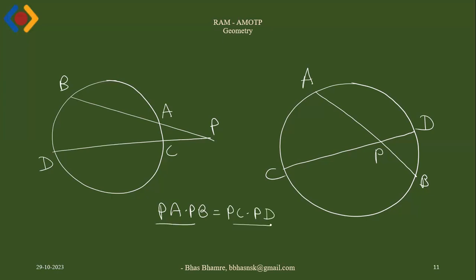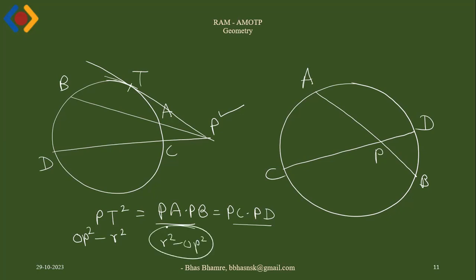Actually, each of these products is known as the power of point P. And if the point is exterior, then that power is nothing but the tangent segment that we draw. Say this is PT, so it comes PT square. Or this can be OP square minus R square, where R is the radius of the circle, or R square minus OP square, depending on the position of P.